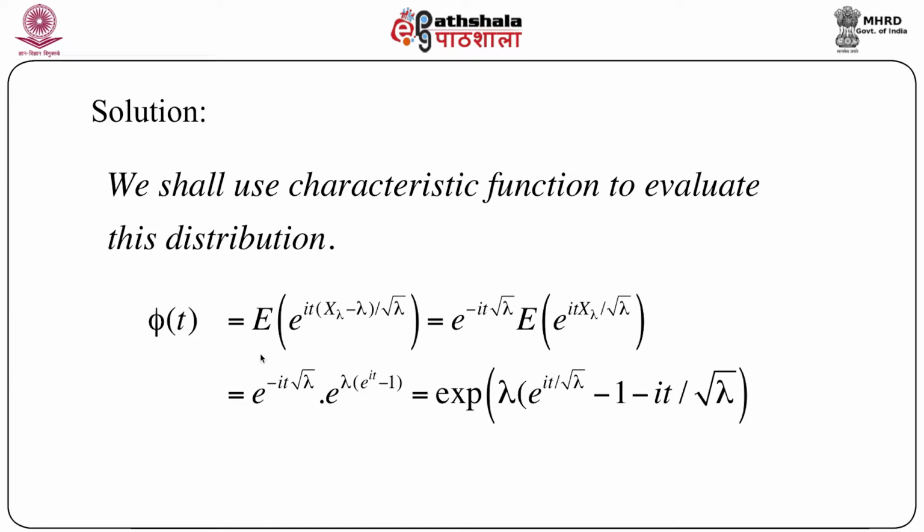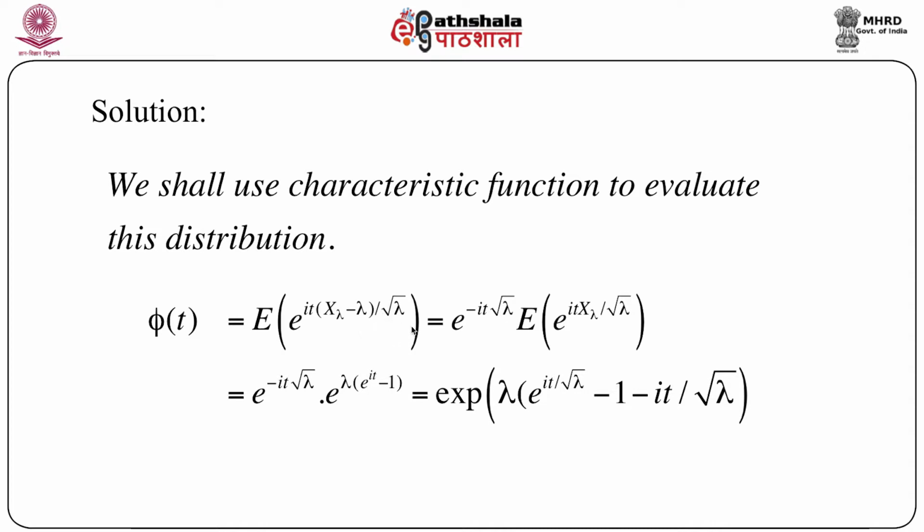So phi(t), that is the characteristic function of the standardized Poisson variable, is equal to the expectation of e to the power it into (X_lambda minus lambda) by square root of lambda.